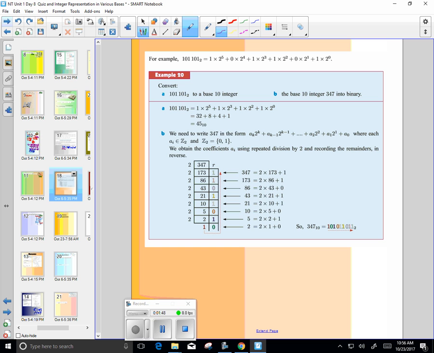101101 base 2 to base 10. Well, that's easy. You just take that 101101, and just below it think 2 to the 0, 2 to the 1, 2 to the 2, 2 to the 3, 2 to the 4, 2 to the 5. So what is 2 to the 5th power? 32. 2 to the 4 is 16 times 0, plus 8 times 1, plus 4 times 1, plus 0, plus 1.